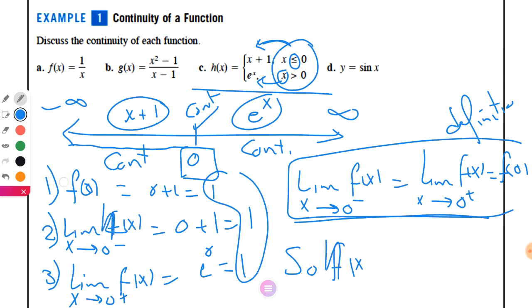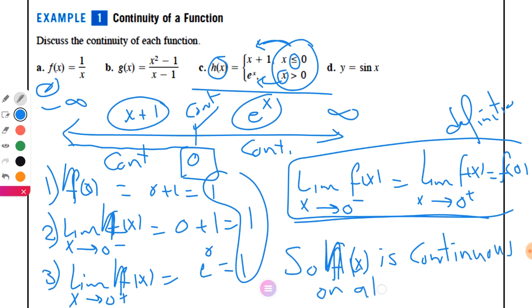That is the given function h in part C. So h of x is continuous on all real numbers. Clear or not clear? I think it's so easy.